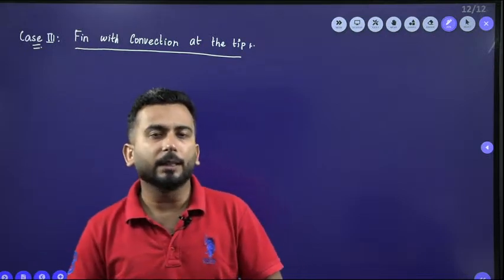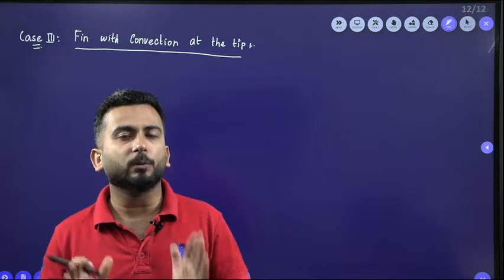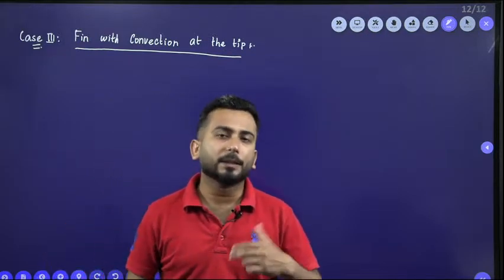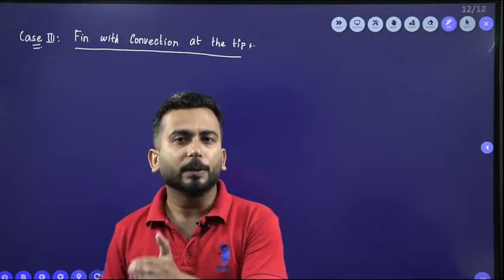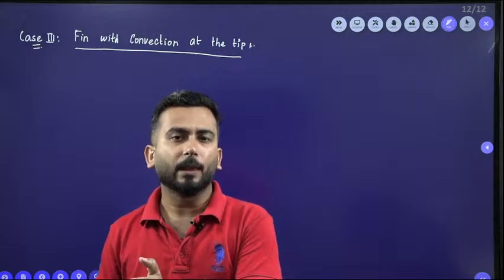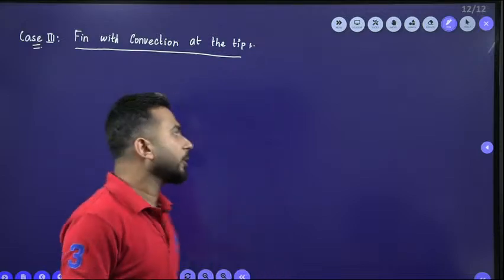And over here I am not going to assume that. Over here I will be assuming that there is convection taking place from the fin's tip. No scope of error I am keeping as of now.